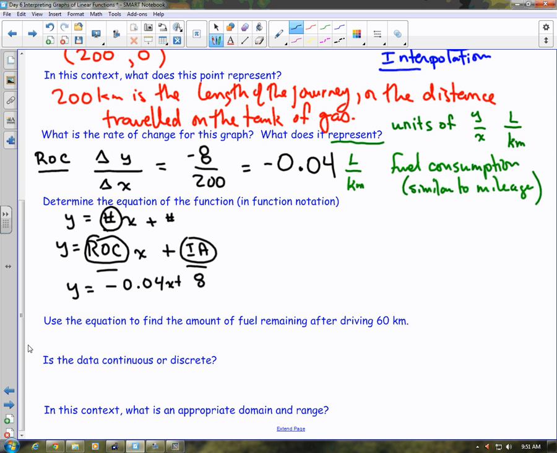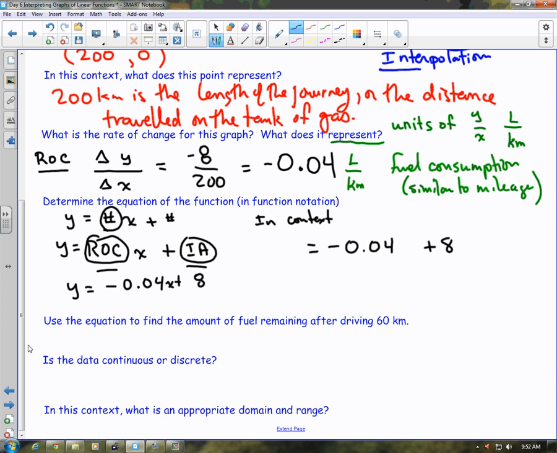So now let's put this equation into context. And it also says put it in function notation. So in context, the only thing we're going to change here is the y to a different letter. We're going to keep the negative 0.04. We're going to change the x to a different letter. And we're still going to keep the plus 8.